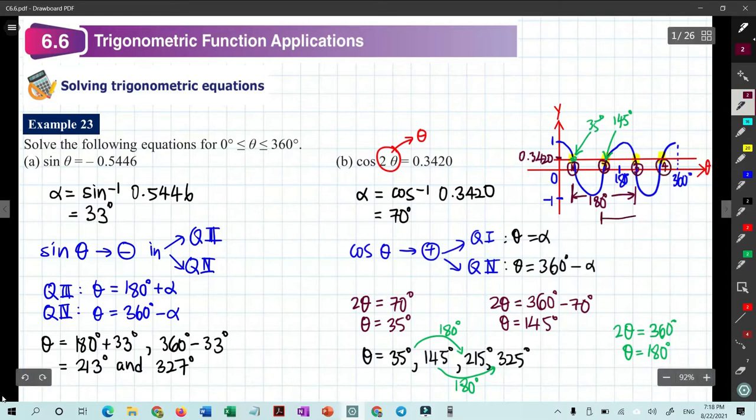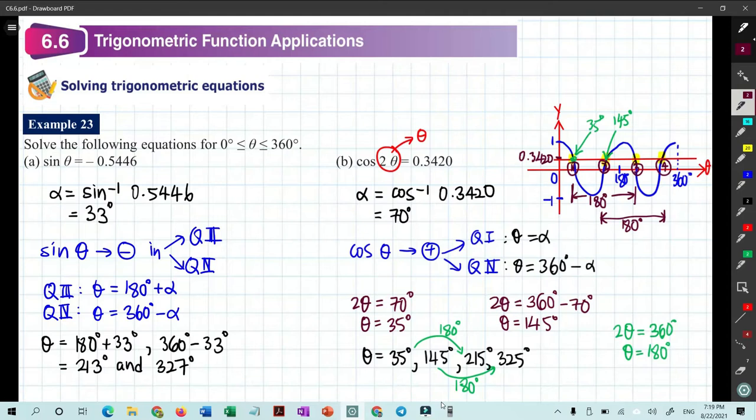The distance between solution number 2 and solution number 4 is also 180 degrees. So that's why we add 180 degrees to the first solution in order to get solution number 3, and we add 180 to solution number 2 in order to get solution number 4.